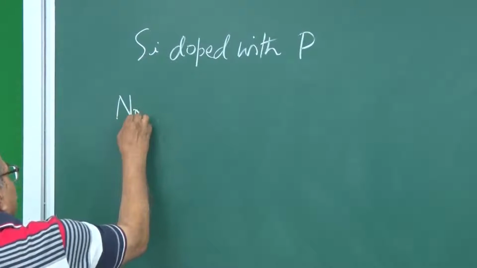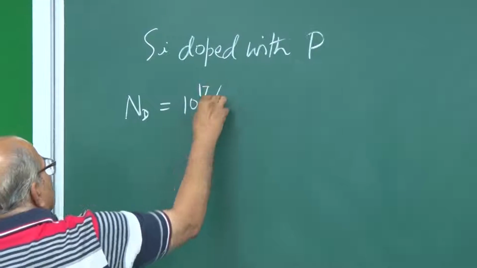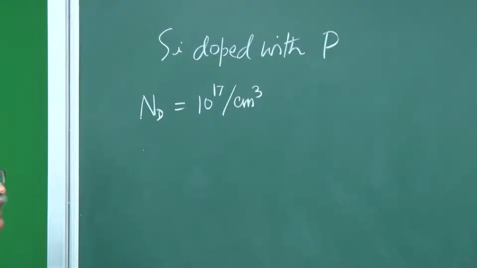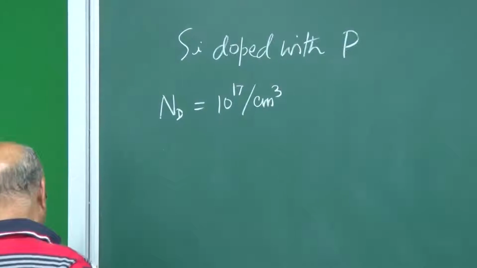What is Nd? 10 power 17 per centimeter cube. This is the number of donor ions per centimeter cube, the concentration of donor ions.